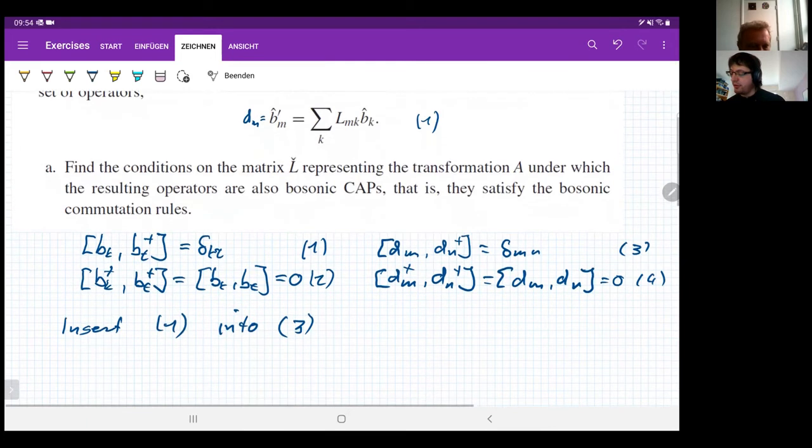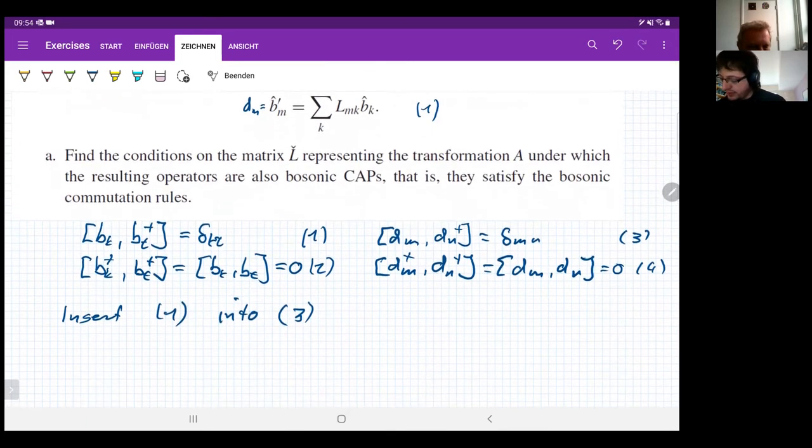First we have to calculate what D_n dagger is, and we get this by taking the complex conjugate of 1.